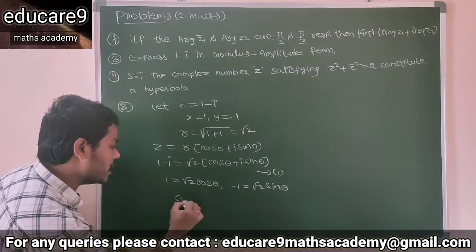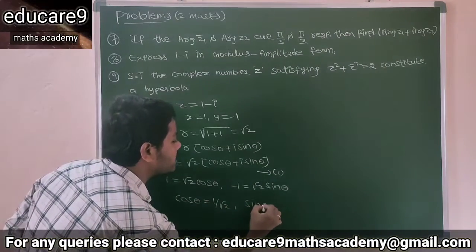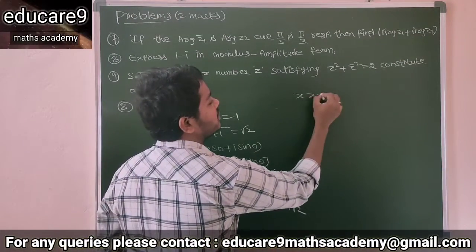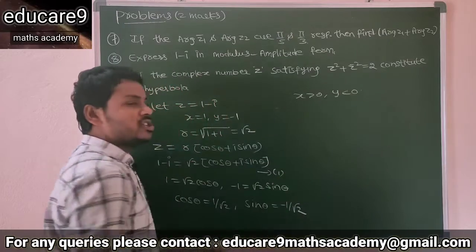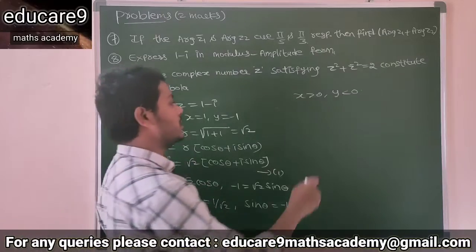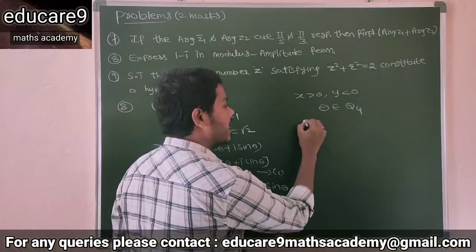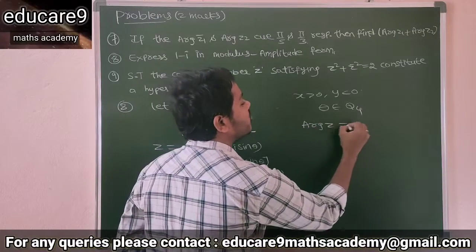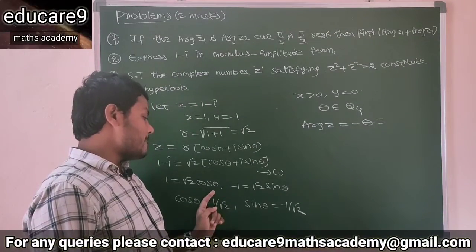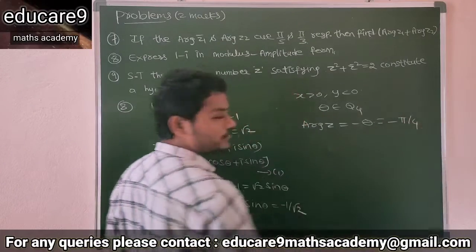So see here, cos theta is equal to 1 by root 2 and sin theta is equal to minus 1 by root 2. So here x is greater than 0, y is less than 0. So then clearly this complex number lies in the fourth quadrant. So that is theta belongs to the fourth quadrant. So then argument of z is what? Minus theta. So clearly theta is pi by 4. Therefore argument of z is minus pi by 4.